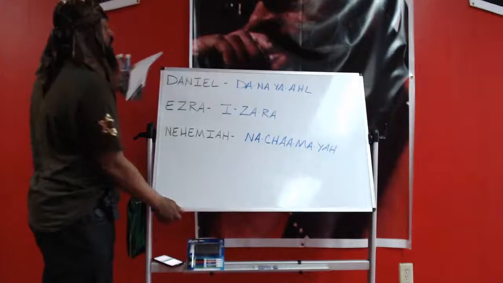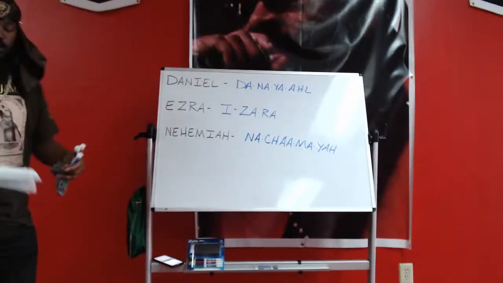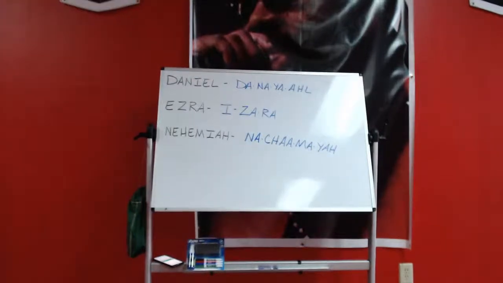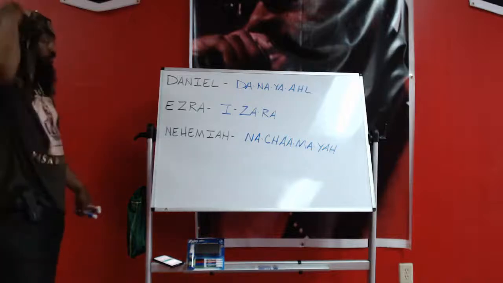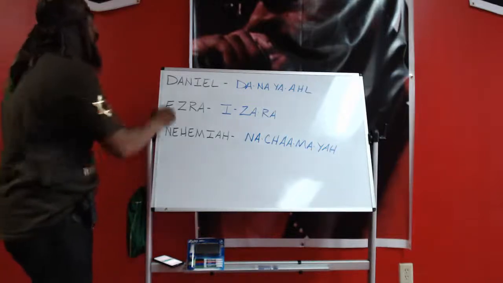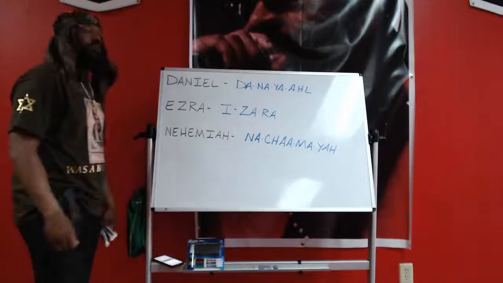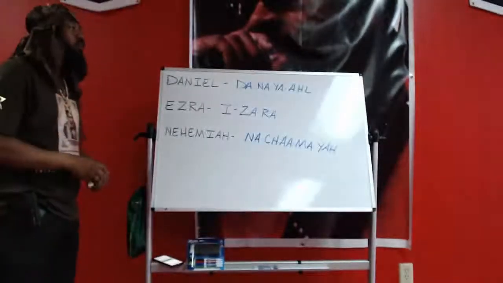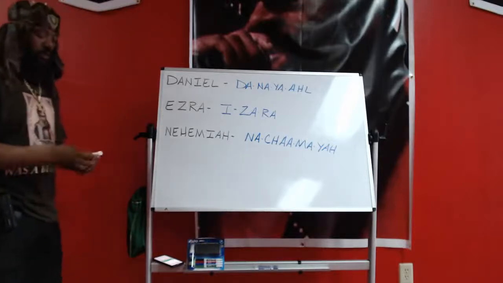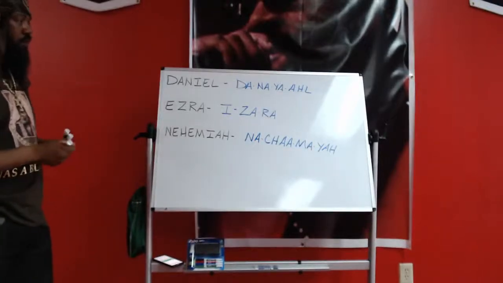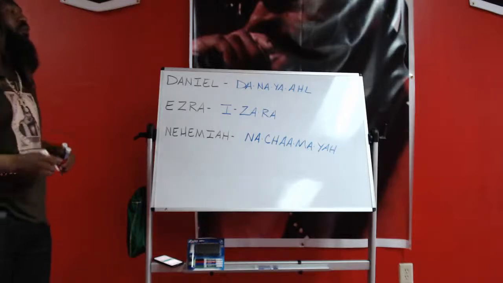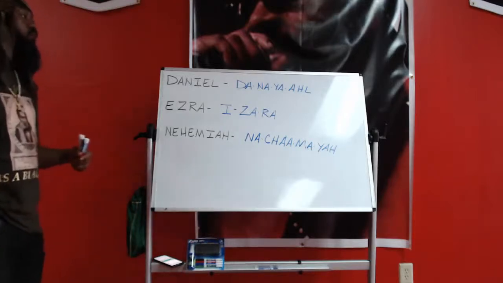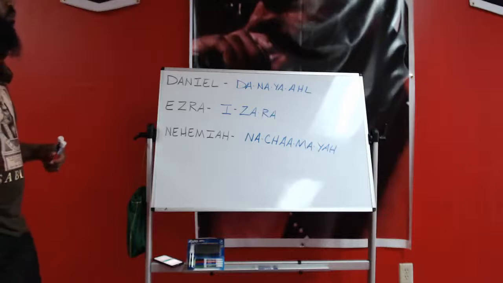All right. Now, we'll leave this up and see how we actually write this in the text. So right now, in the black we have the English. In the blue we have the Hebrew pronunciation. Now, in the red, let's write this out in the Hebrew text.